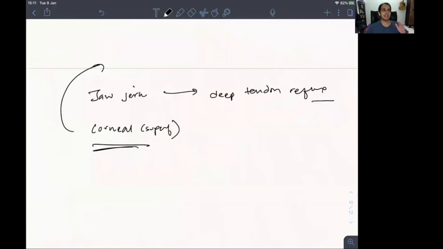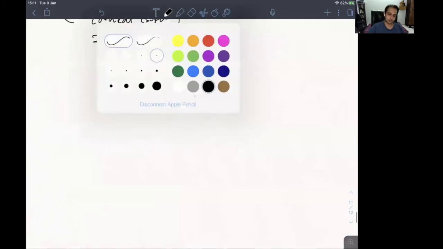So if you get a very classical present jaw jerk, it is a sign of UMN lesion. And UMN with jaw jerk present can be anything; classically it is your anterior horn cell disease. Okay, so that covers your trigeminal nerve.